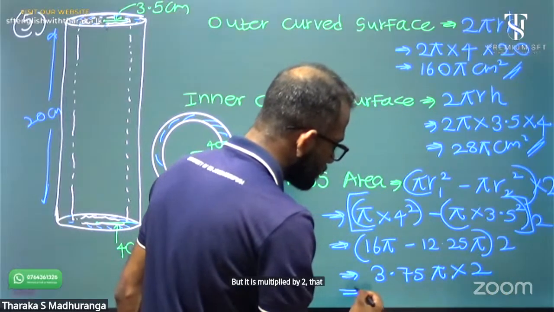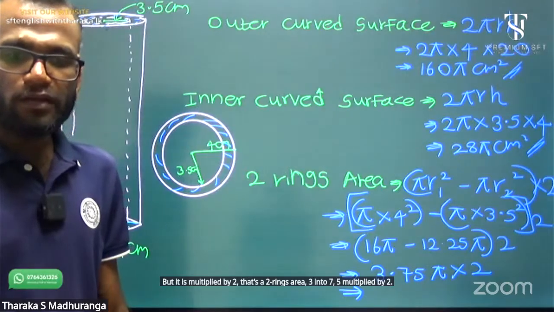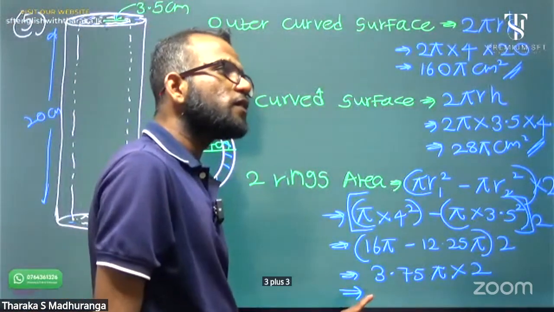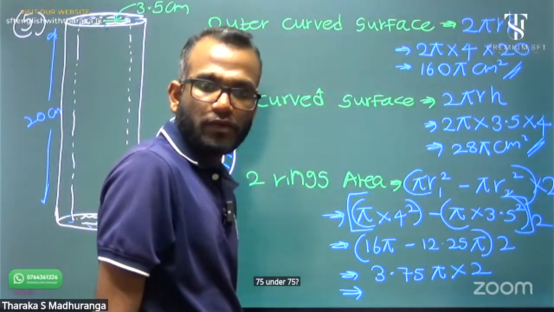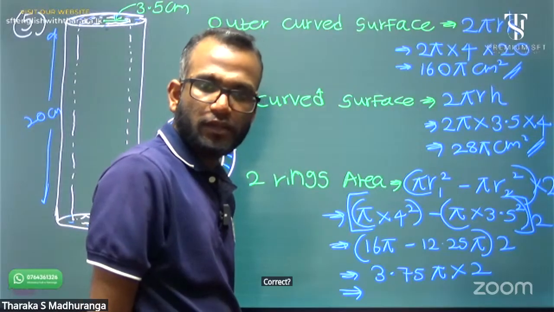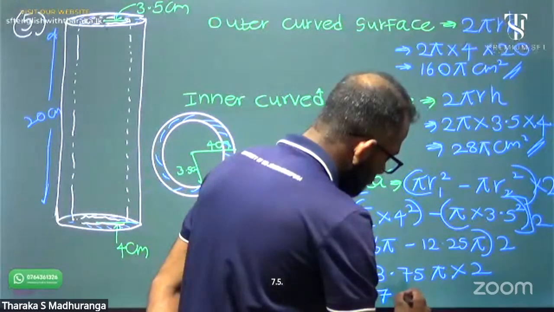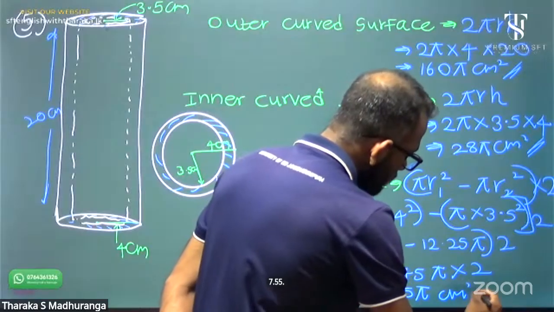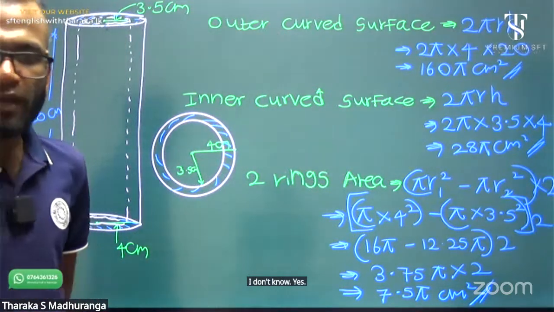That's the 2 rings area. 3.75 multiplied by 2: 7.5π square centimeter. Right? Yes.